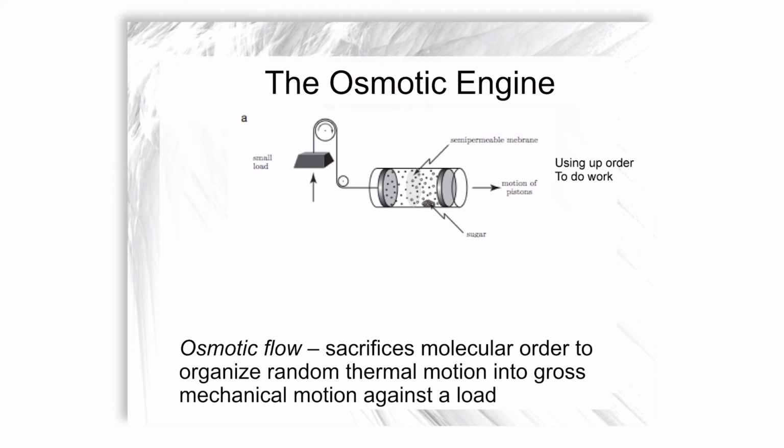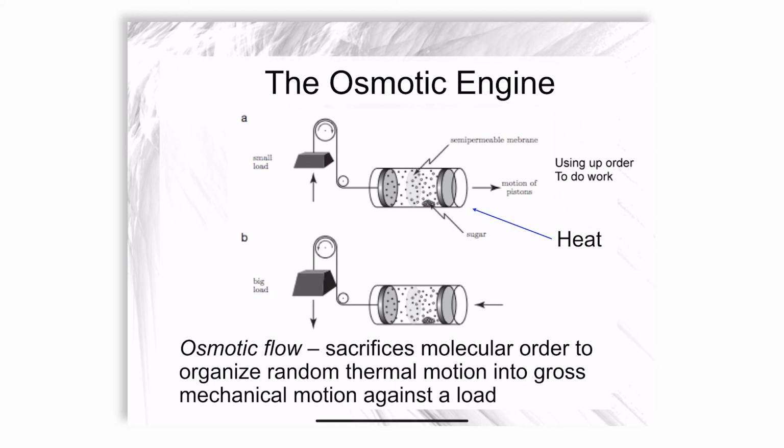In a similar sense as what I had asked earlier, what is this order? Whose order are we talking about? Well, we're talking about the order of the molecules in both the compartments, where on the right-hand side, solute is arranged in some fashion at some concentration. And how it happens is through the absorption of environmental heat and movement of molecules.